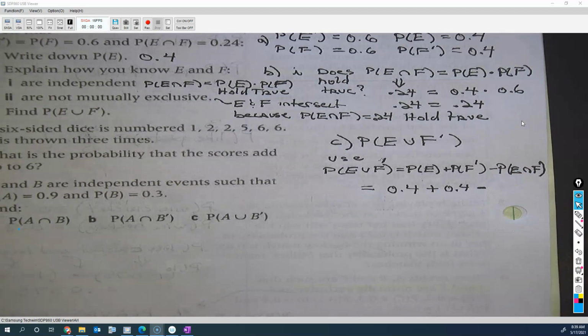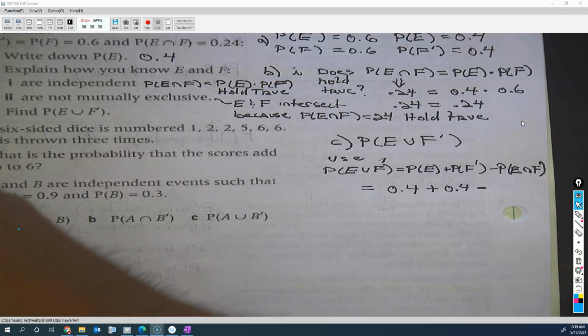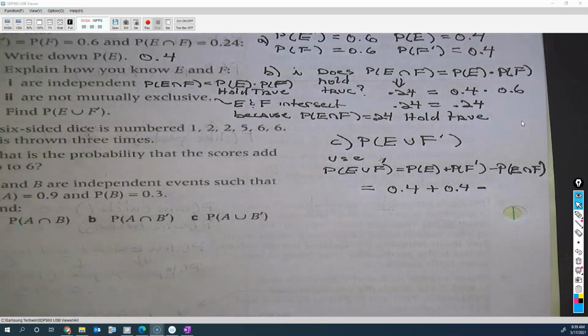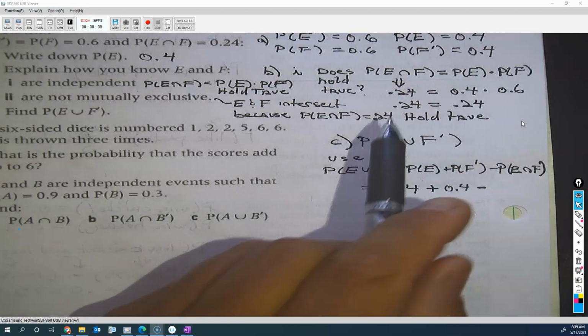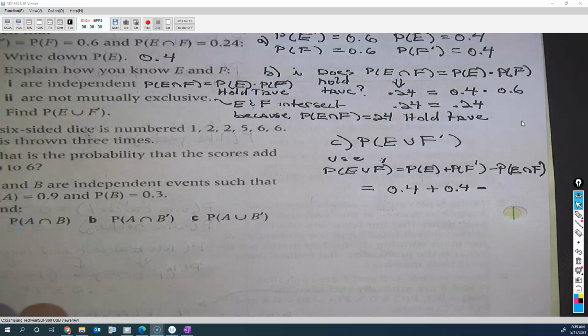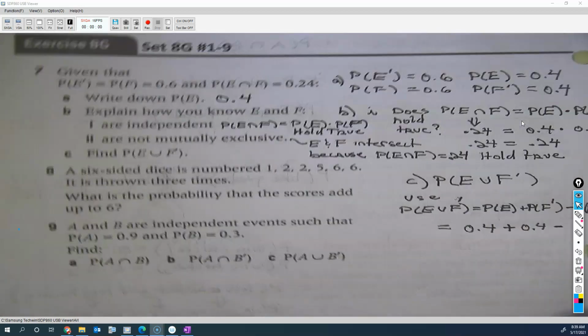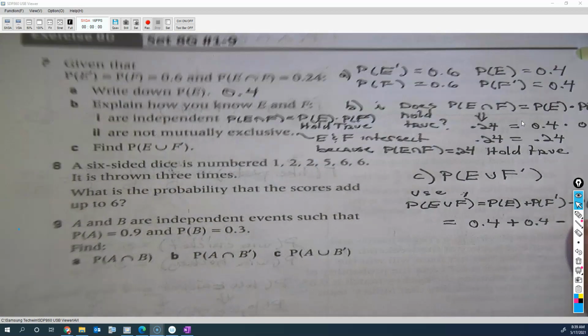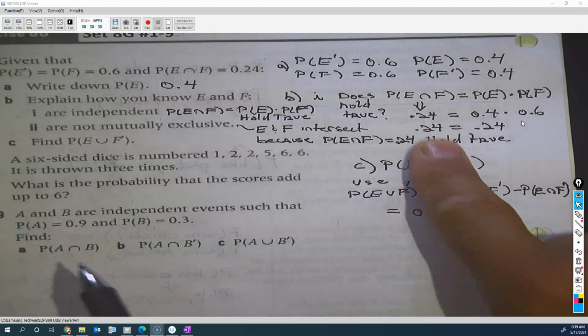How do you get the intersection of those two? Let's see. We found P intersection F, but this is P intersection not F. See, we have it there.